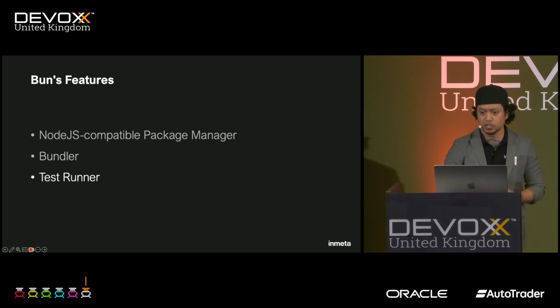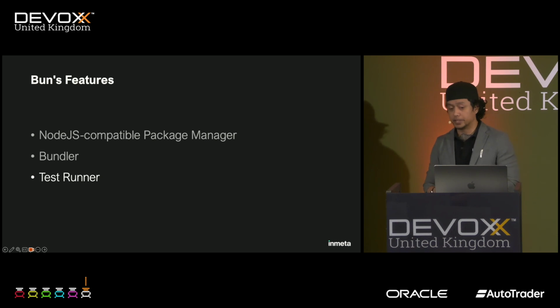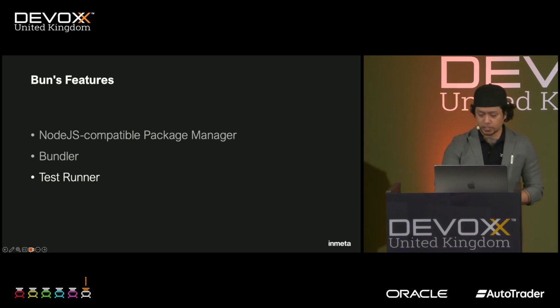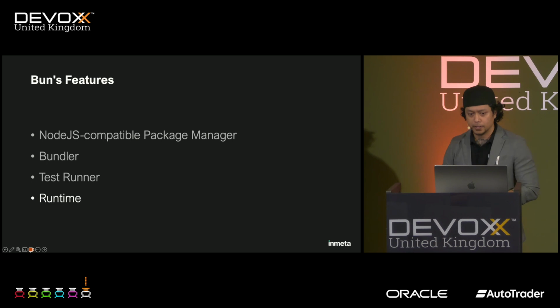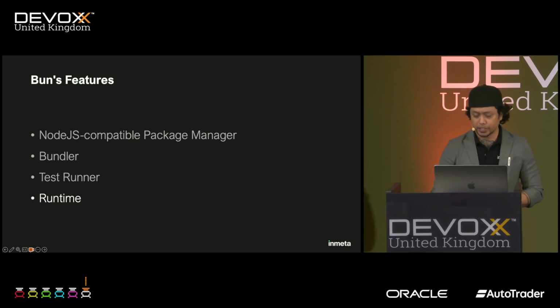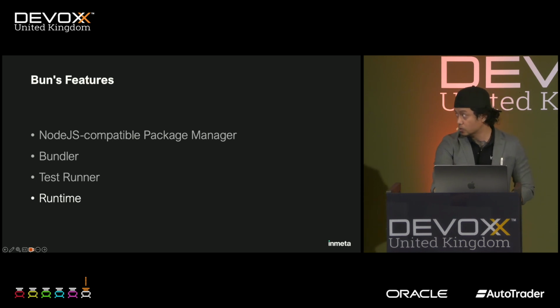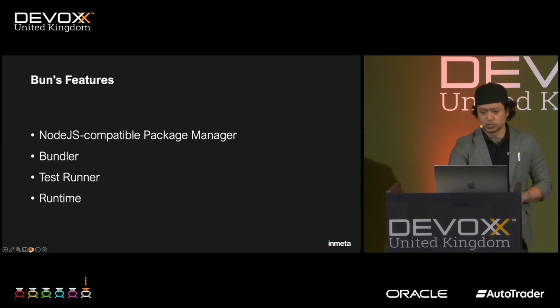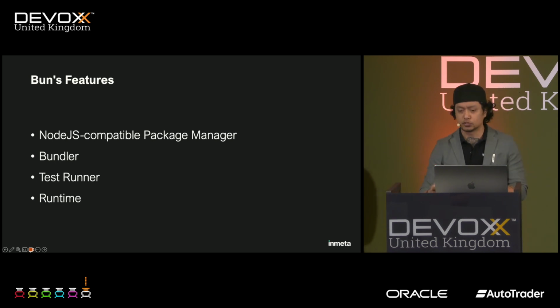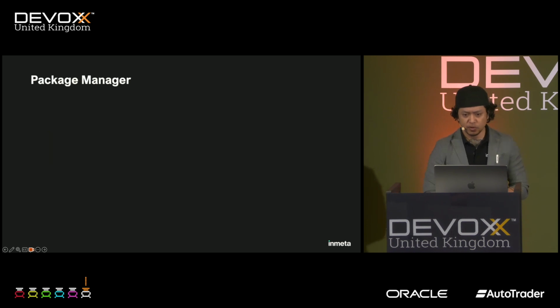It's fast also. The test runner makes it easy to write and run tests for your code. And a fast and efficient environment for your code to run, compatible with existing Node.js and Deno code. So yeah, these features make Bun a comprehensive development toolkit. Let's move on to get a closer look at Bun's package manager.